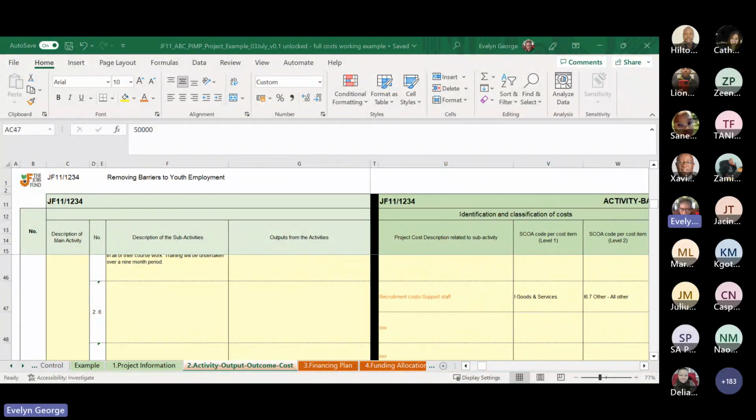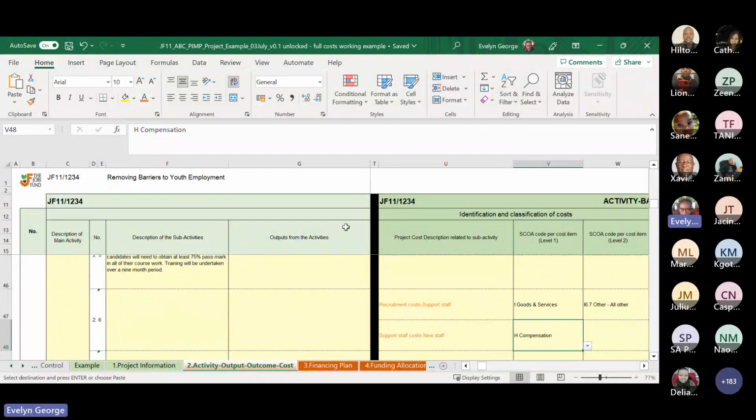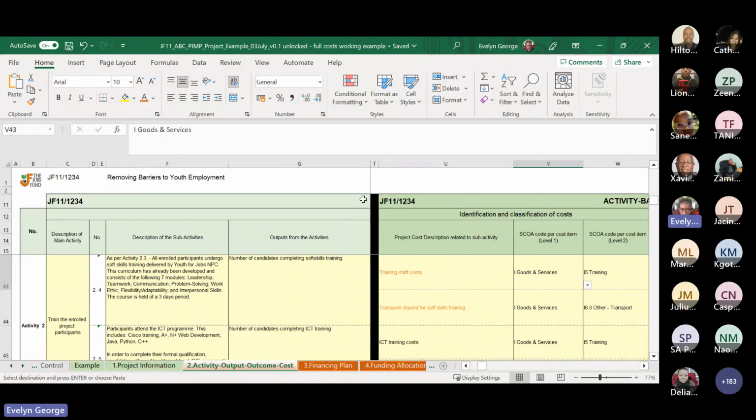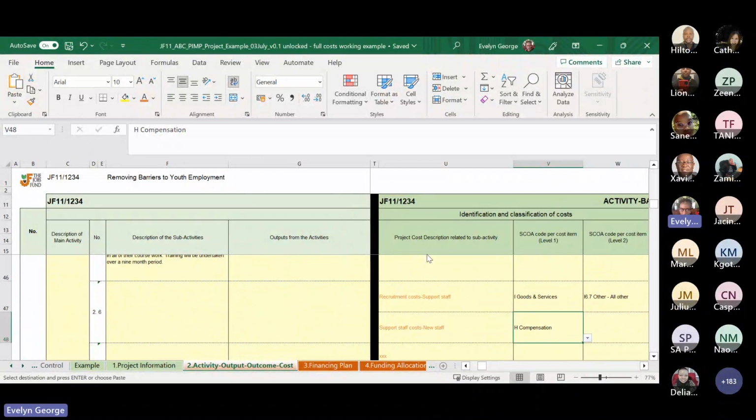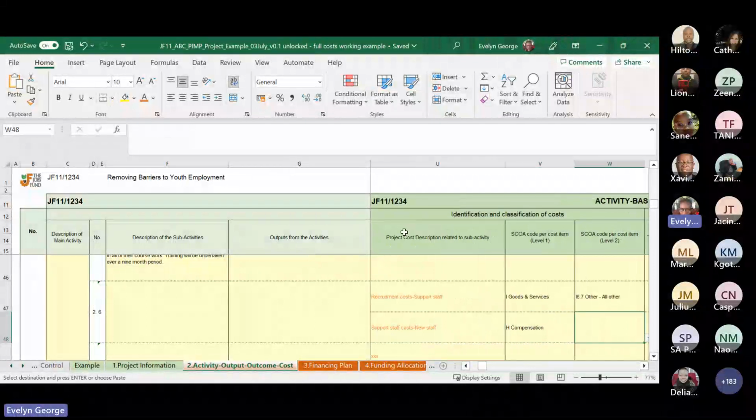The next cost I want to look at is the salary for these 3 new staff members. Here we are assuming that they will be dealing with coordination, administration, etc. So unlike the staff members that we are classifying as training, here we're classifying them as pure compensation costs, or we could call it project admin costs.